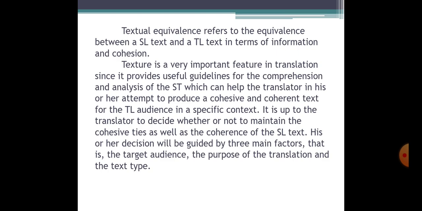It is up to the translator to decide whether or not to maintain the cohesive ties as well as the coherence in the source language text. His or her decision will be guided by three main factors. That is the target audience, the purpose of the translation, and the text type.